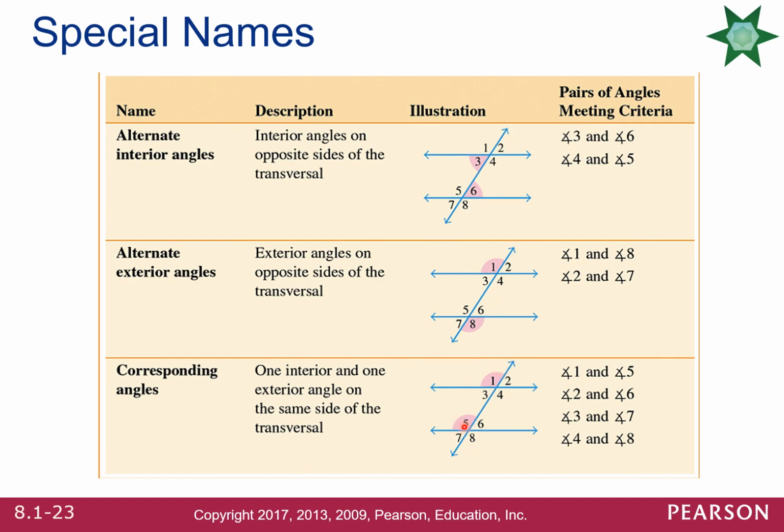So 5 is the interior angle, and 1 is the exterior angle, and they are on the same side of the transversal. On the other side, the corresponding angles would be 2 and 6, right? They are on the same side. So these are some of the special angles, and the relationship is that they are equal.